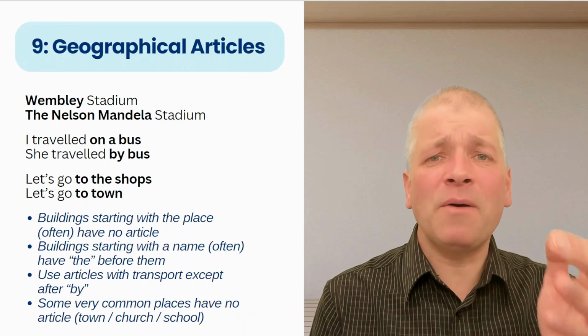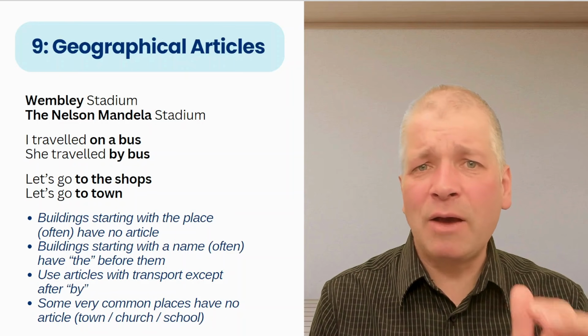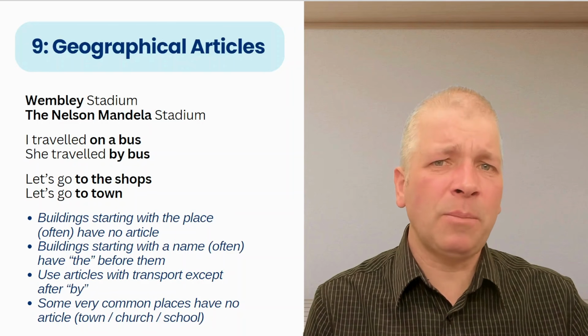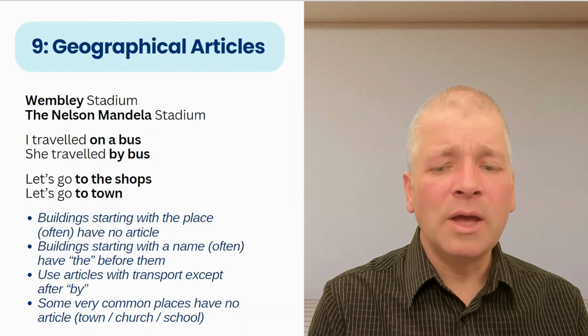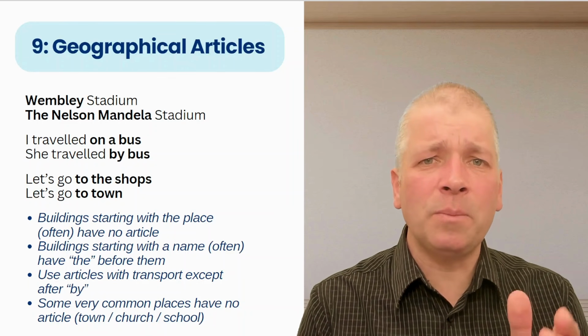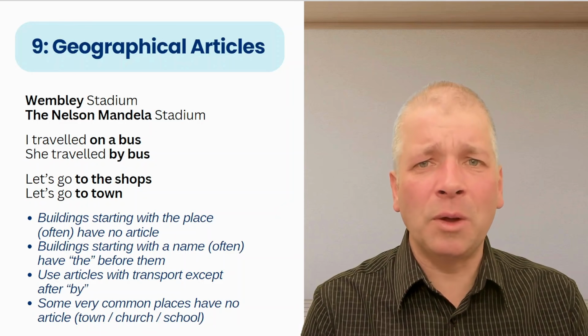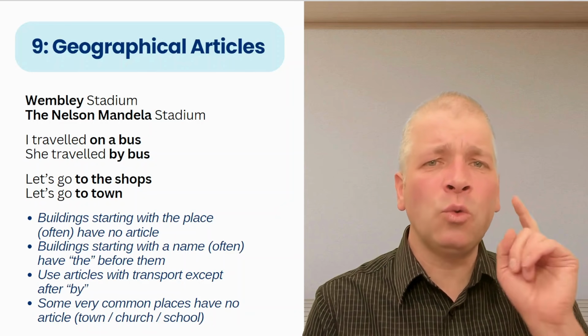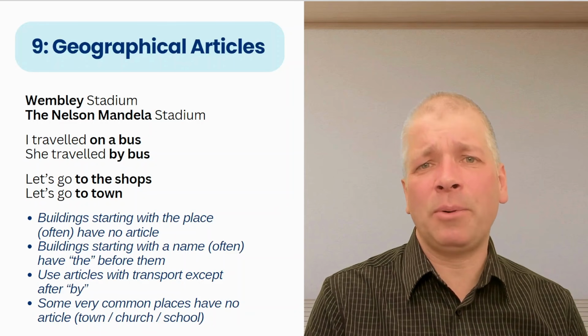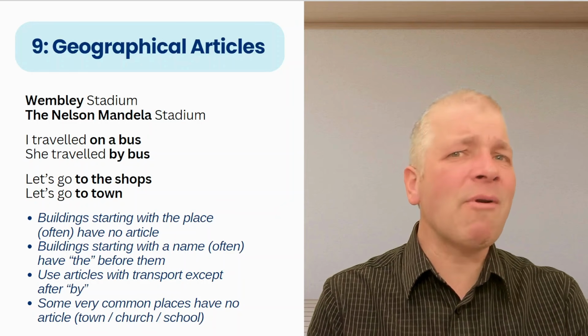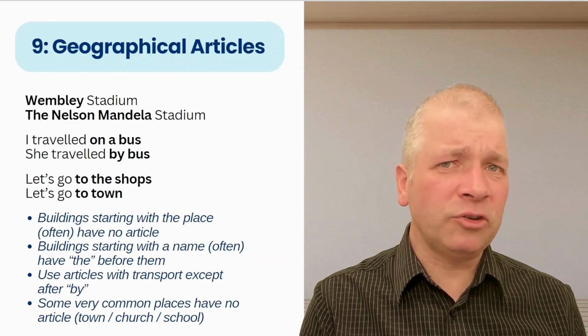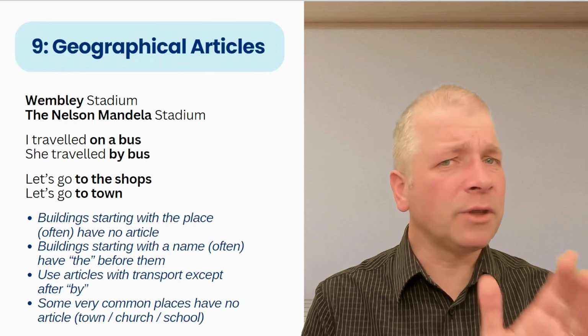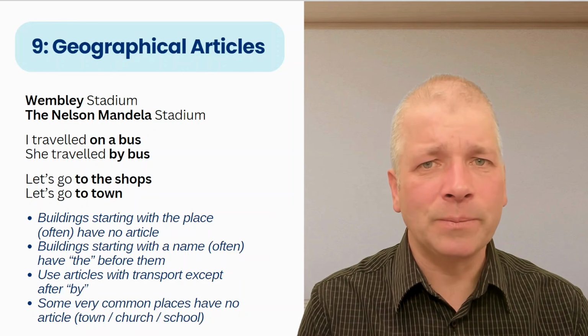But some very common places have no article. For example, town or church or school. There is a convention in English where we don't put the article before them unless we are referring to one specific example of that article. But there are many, many more rules to do with geographical articles that advanced speakers of English need to know.